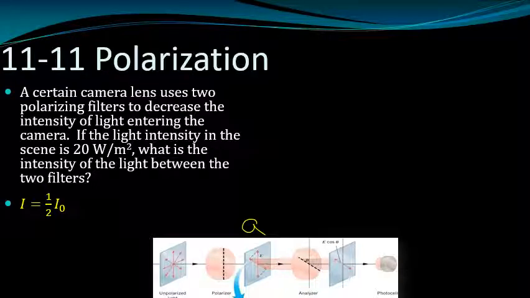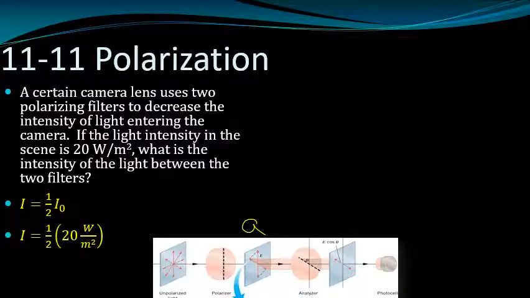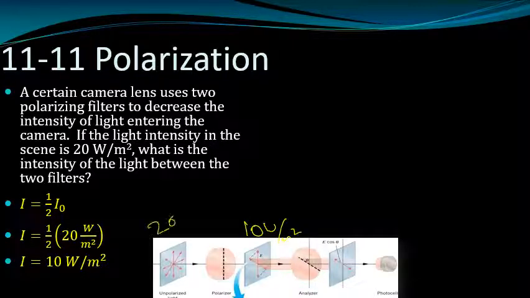Well, after it goes through one polarizer, its intensity is cut in half. So it was 20 watts per meter squared, so now it'll be 10 watts per meter squared.